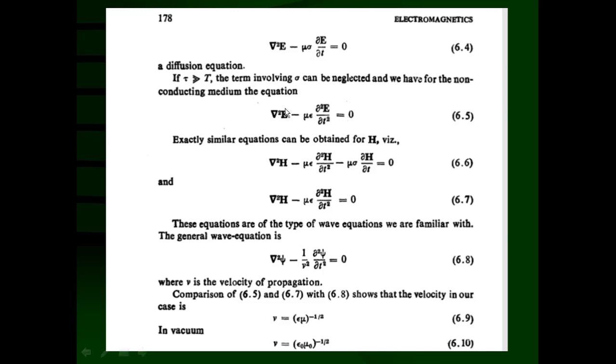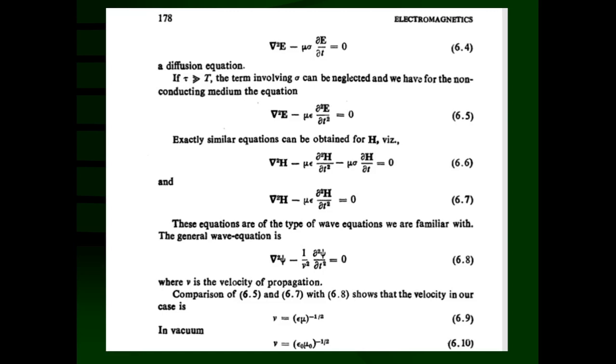That means the second derivative of the electric field with respect to space coordinates, plus the second derivative with respect to time multiplied by minus mu epsilon, is 0. In this mathematical form, we obtain the electric field equation.